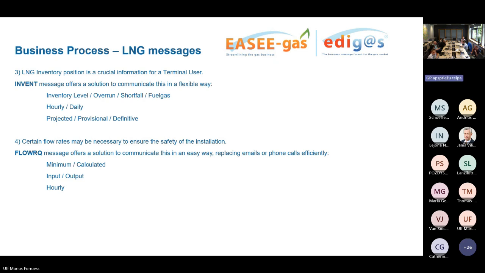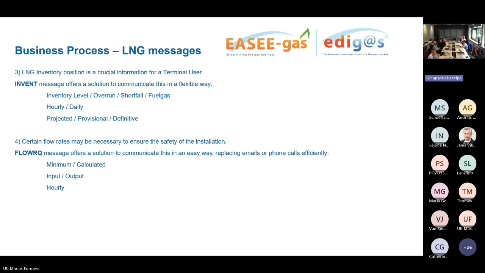The last message that I want to talk about is the flow request message. This is also a new message. This one is less used, but in certain installations we need certain flow rates to ensure the safety of the tanks.